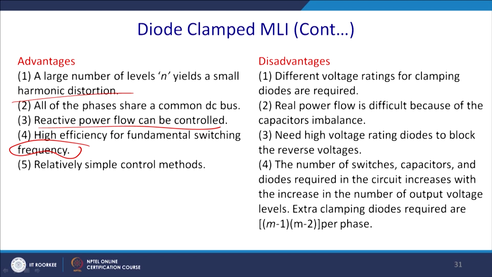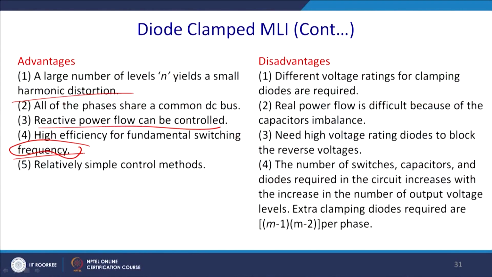We have seen that in the case of selective harmonic elimination, it is reduced by around 18%. But here we shall see that it has higher efficiency and relatively simple controls in comparison with the other 2 MLIs.